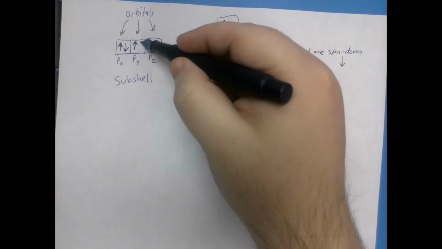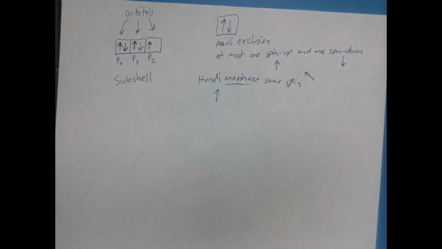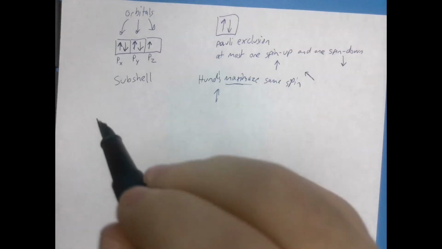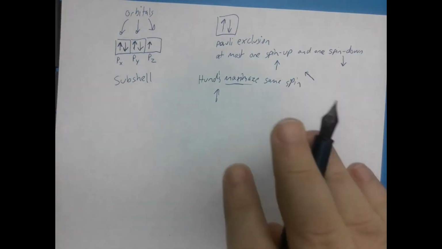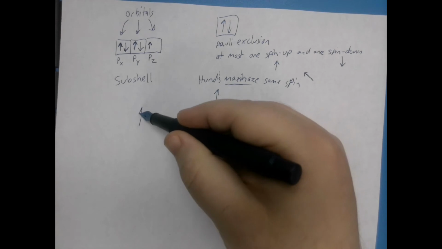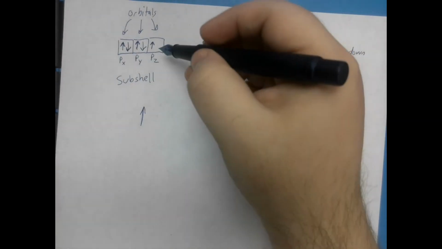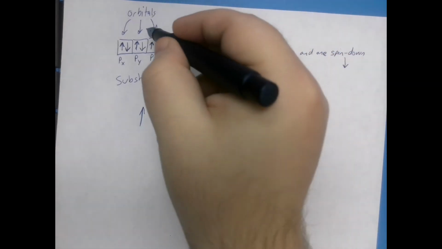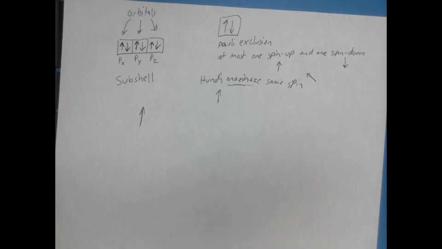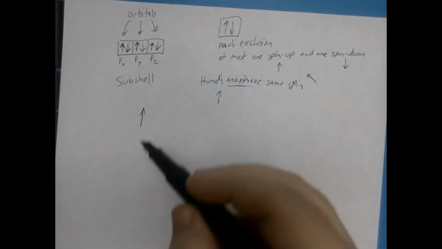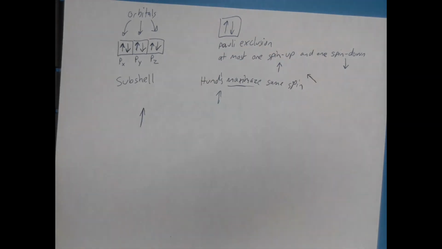If I add a 5th one, it would have to be going somewhere. Usually for neatness we go left to right. It really doesn't matter which orbital it goes into, but usually for cleanness we by default start with up and we do it left to right. So this would be 6 electrons completely filling the subshell. We have an up and a down per orbital and at most 6 electrons per p subshell.